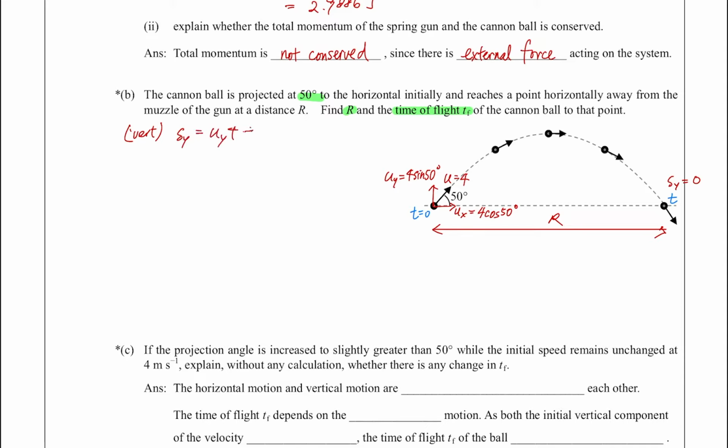Sy equals uy t plus half ay t squared. Sy is 0. Uy is 4 sine 50. Ay is negative 9.81. Oh, sorry, we do not have t, so we cannot use this equation of motion directly, but we actually can find t first.